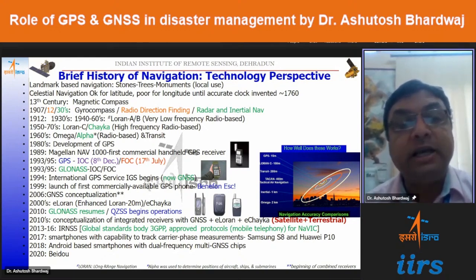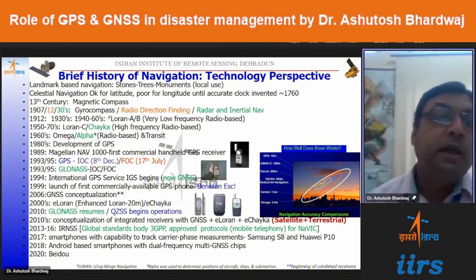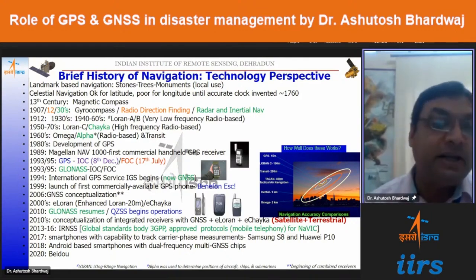LORAN C and Chaika were tower-based systems, like today's BSNL tower-based mobile services. These systems were similar to that, however different in terms of infrastructure. They are based on very tall towers, and very few towers can be utilized for the purpose of triangulation, because ultimately triangulation is again what is being done.